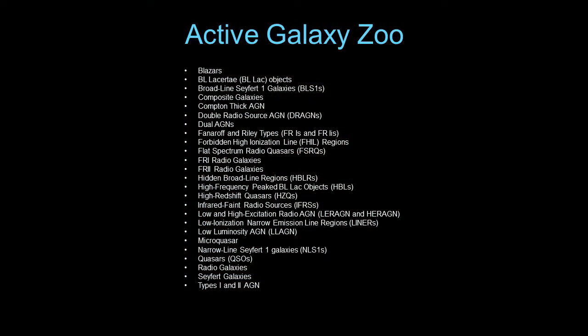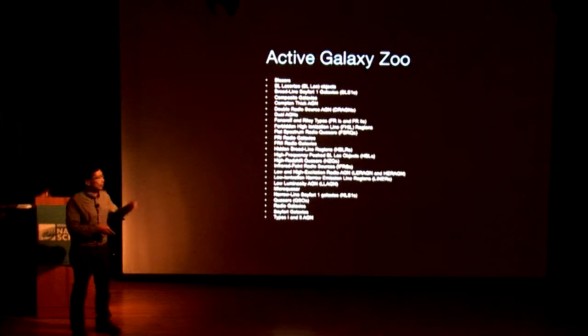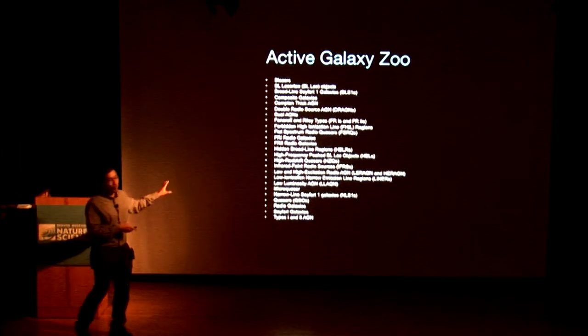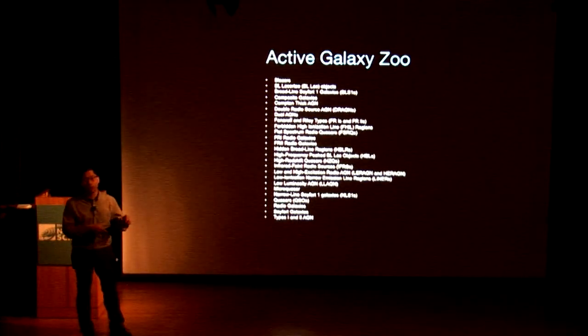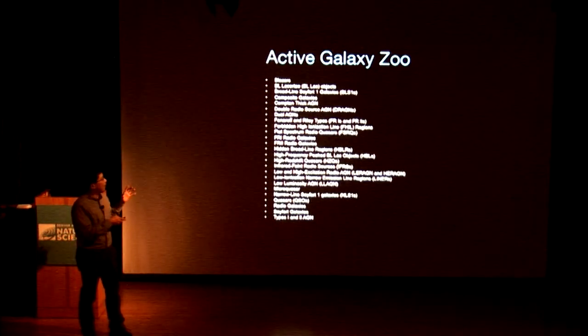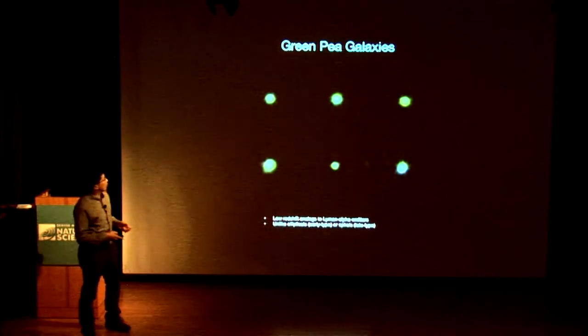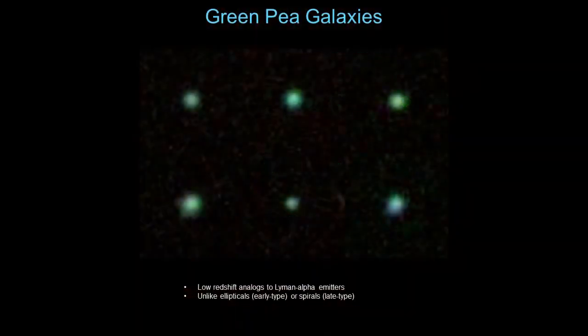And then even for active galaxies, there are dozens of different types that people have talked about. But the reason I bring this up is that in recent years there have been really interesting subclasses of these galaxies, and one of them is the green pea galaxies, which have only been discovered in the last few years.